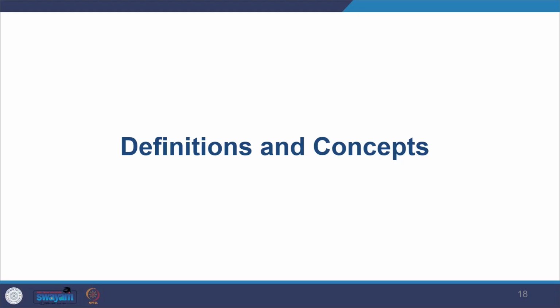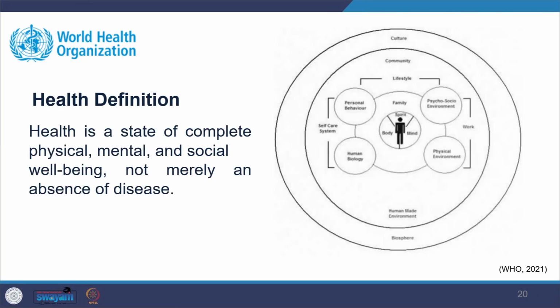Now, moving on to another domain, we are going to look at definitions and concepts. Here we'll see what we really mean when we say health. Health is complex and can vary with societies and with the context, and we cannot have a very uniform standard.